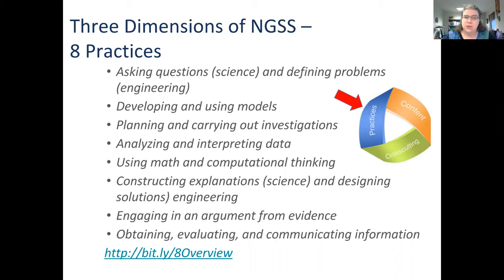Being able to develop and use models, planning and carrying out investigations, analyzing and interpreting data, using math and computational thinking, constructing explanations, again, that's in the science realm, and designing solutions would be in engineering, engaging in an argument from science, and obtaining, evaluating, and communicating information. So these are the 8 doing, the 8 ideas of how we practice science.